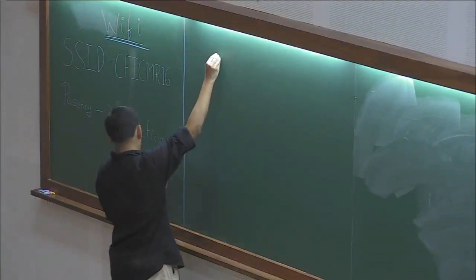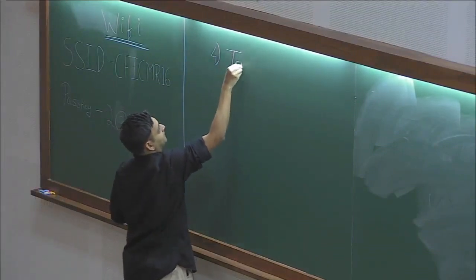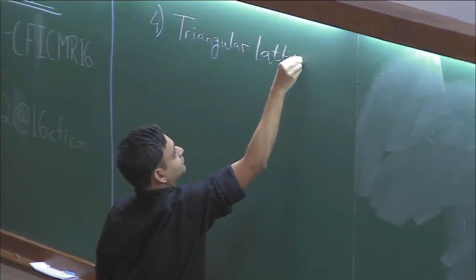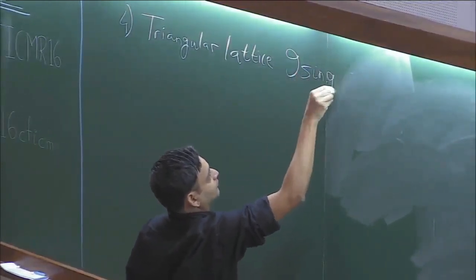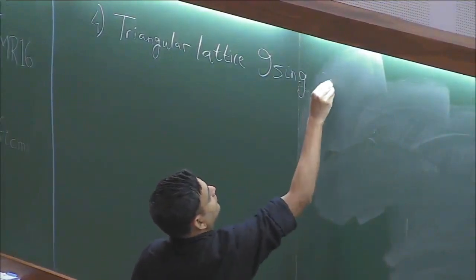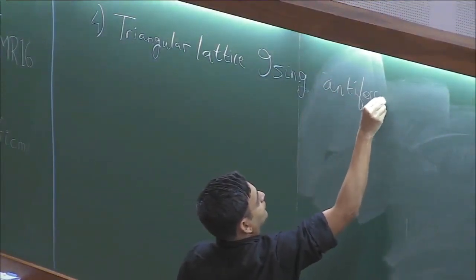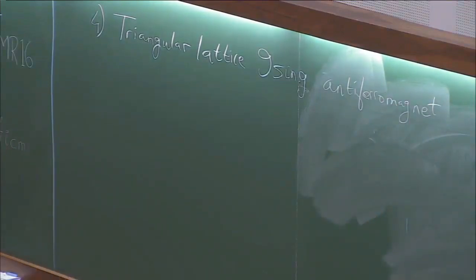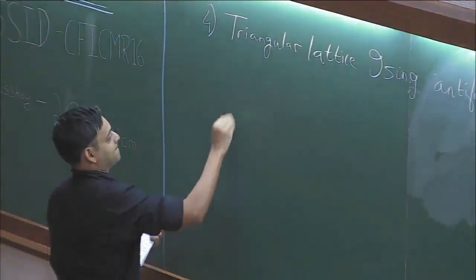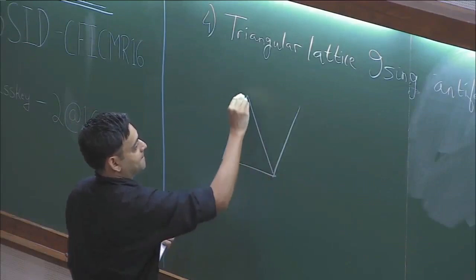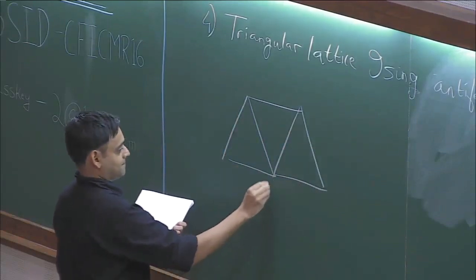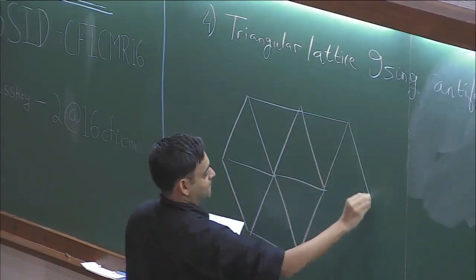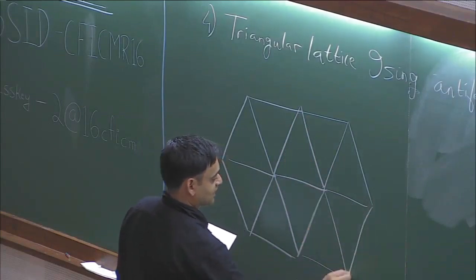Let's consider the simple triangular lattice Ising antiferromagnet, which is just Ising variables living on this lattice.